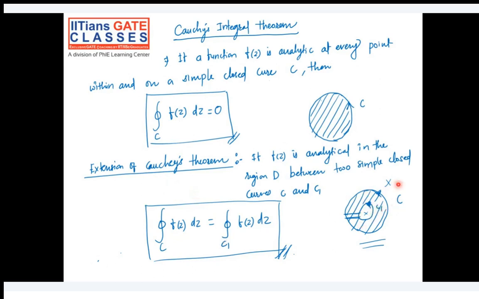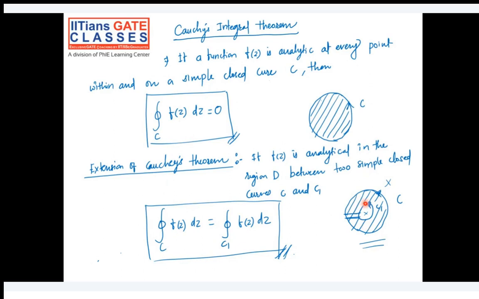As long as your function is analytic in between C1 and C, you can take either integration along C or C1, you will get the same answer. So this is for a ring shape, whereas the earlier one is for the simple closed curve.